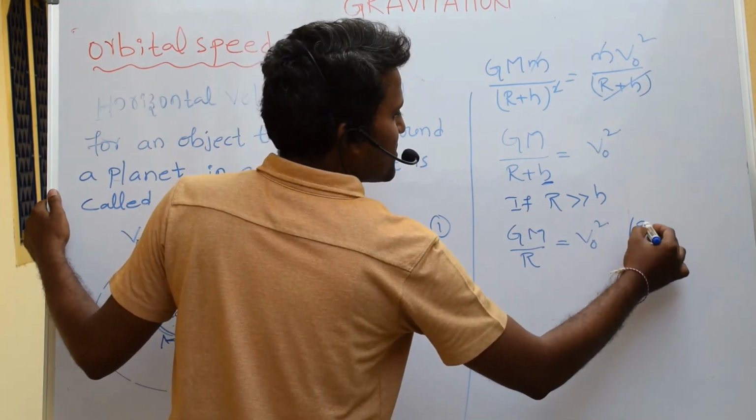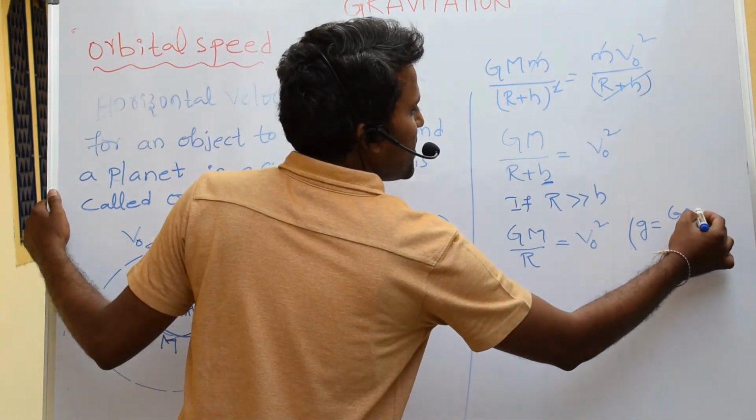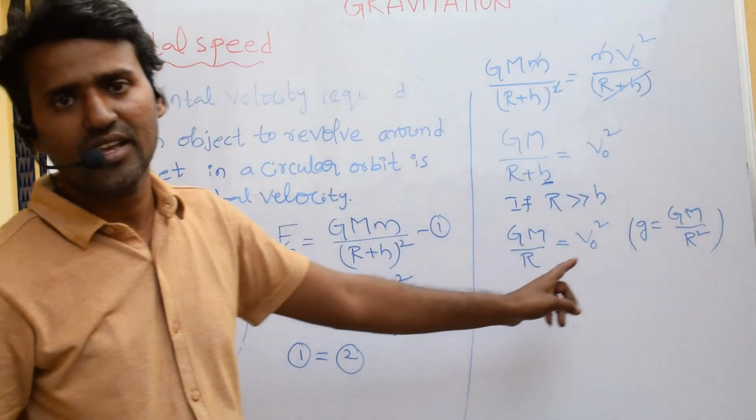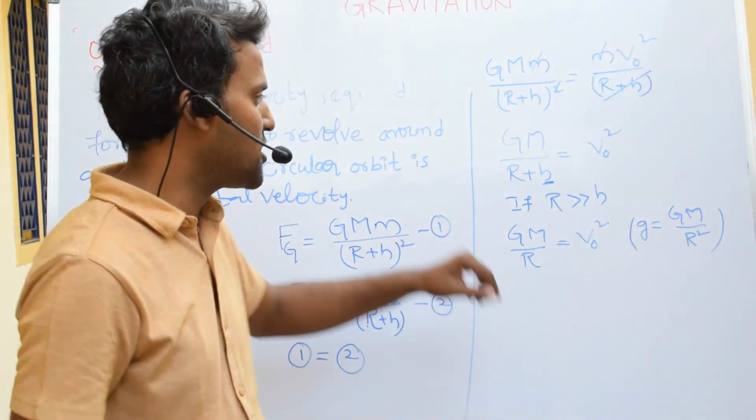And one more equation, g is equal to GM by r squared, gravity on the surface of the Earth. We know this equation.